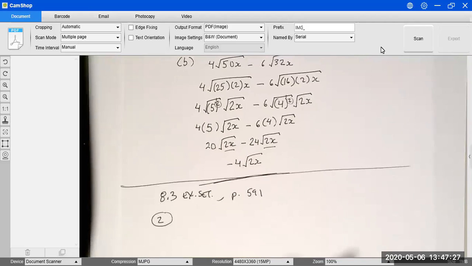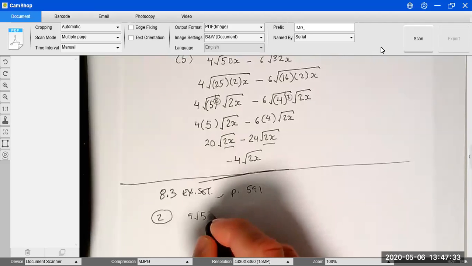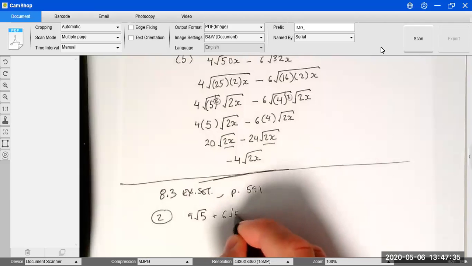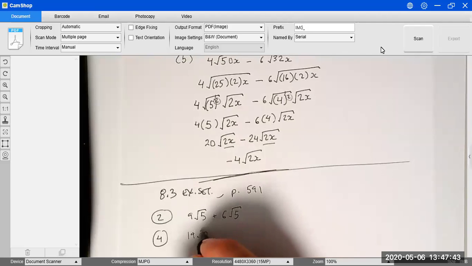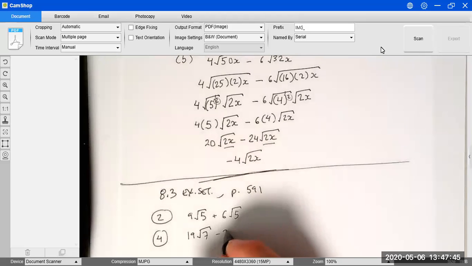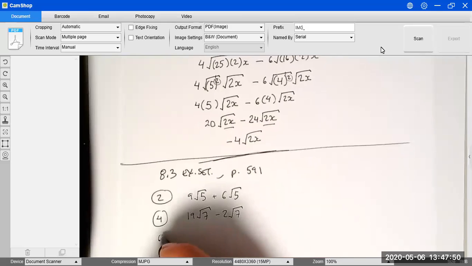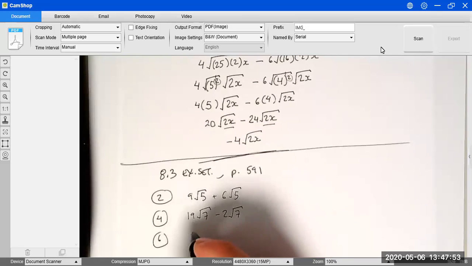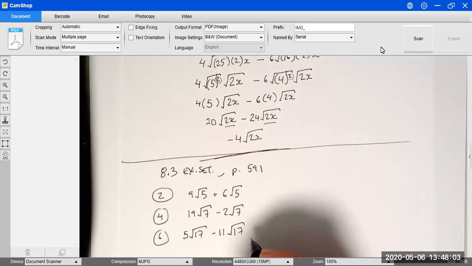The first is number 2: 9 radical 5 plus 6 radical 5. Then number 4 is 19 radical 7 minus 2 radical 7. Number 6 is 5 radical 17 minus 11 radical 17.